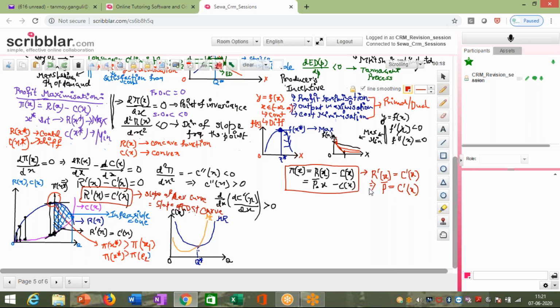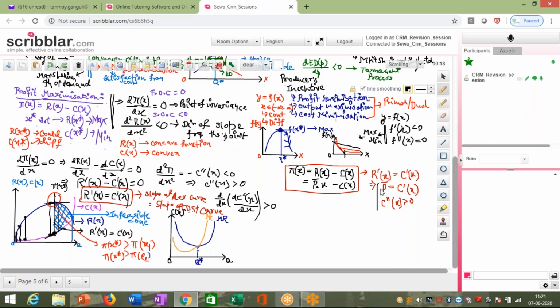This is the marginal revenue equal to marginal cost condition. And the second order condition says that C double prime(x) should be greater than zero. So these are the two criteria for the profit maximization.